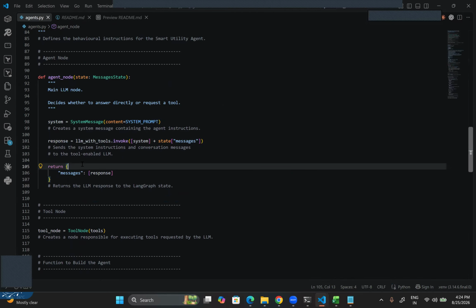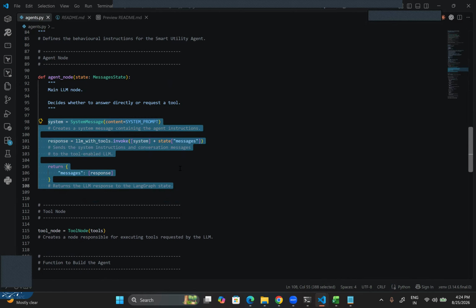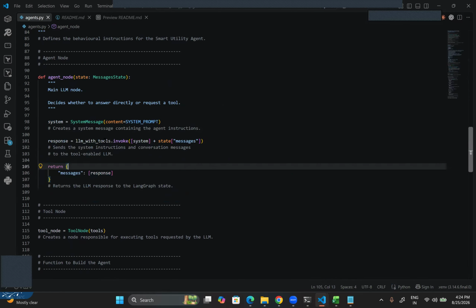Let's focus on these three lines. What is happening here?